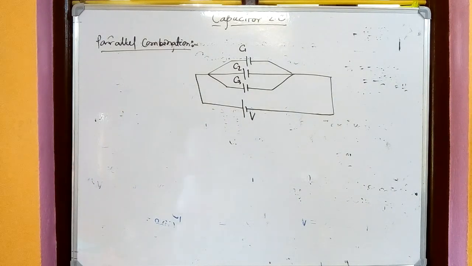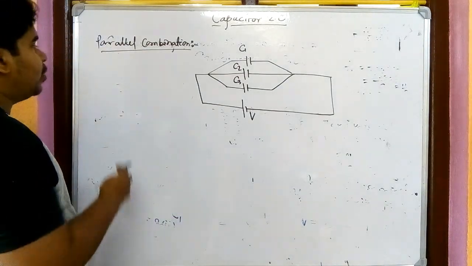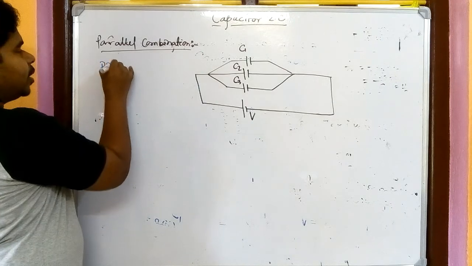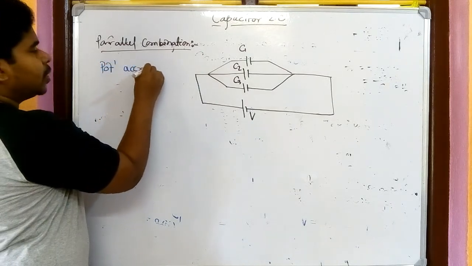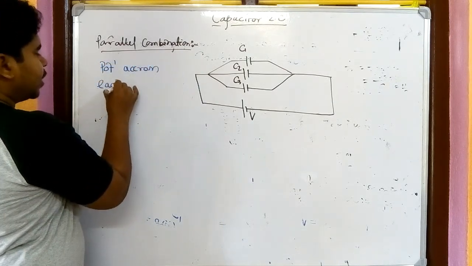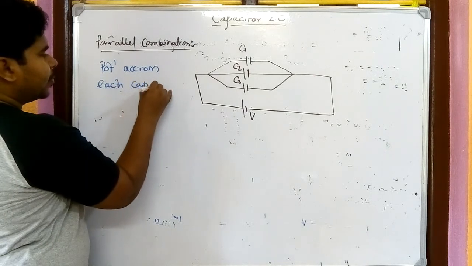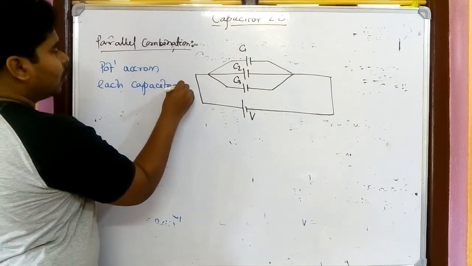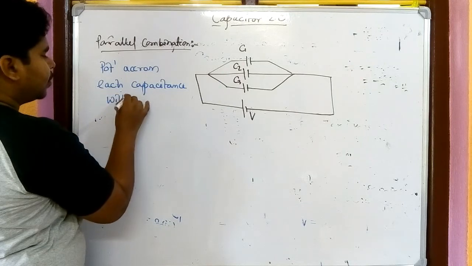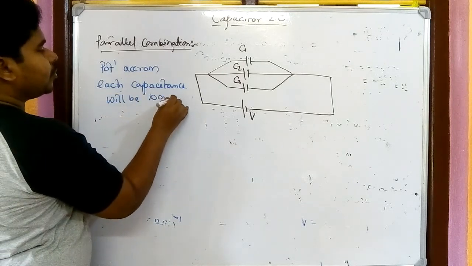So it is clear that the potential across each capacitance will be the same.